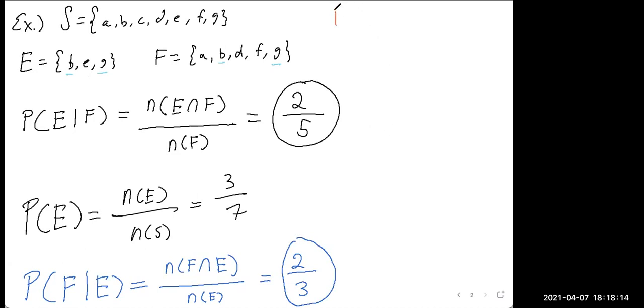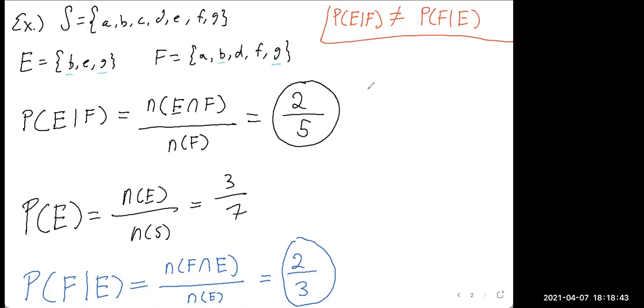So we have proven that the probability of E given F is not the same thing as the probability of F given E, even though they do share the numerator. So they share the numerator, but they're not the same probability. So that's important that we notice that. Generally, that is true. There are some examples where they could be equal, but generally they're not equal.